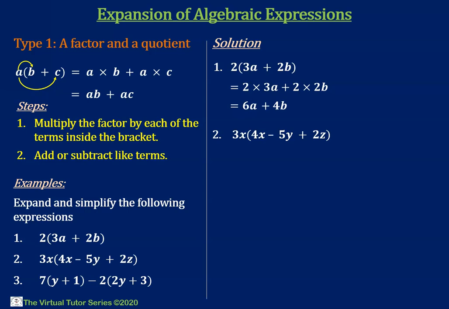So we have 3x times 4x minus 3x times 5y plus 3x times 2z. 3x times 4x is 12x squared. Negative 3x times 5y is minus 15xy, and 3x times 2z is 6xz. And again, since there are no like terms, we end it here.